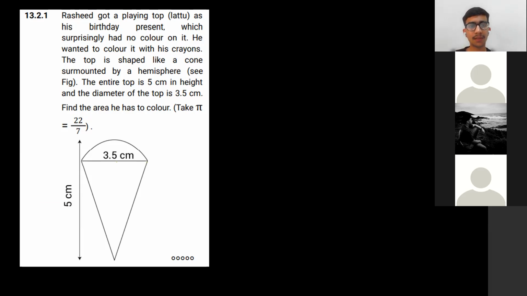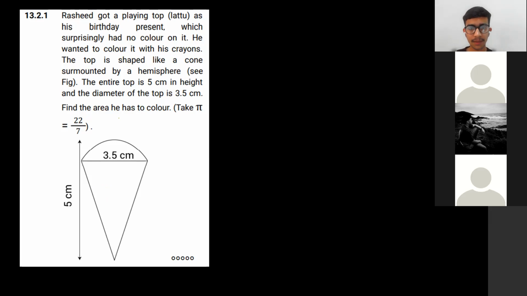Basically what is given is that we have a playing top and it has a cone and a hemisphere. Now it has no color on it. So we have to color this whole playing top. For the cone at the bottom, I have to color the curved surface area of the cone.